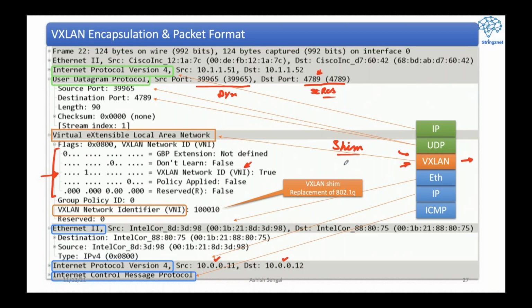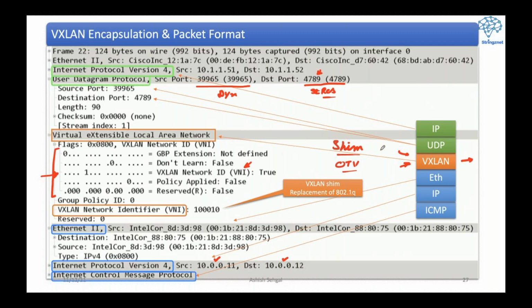Shim is the terminology Cisco used in OTV, because OTV also adds a shim header. Shim is nothing but a washer to join two different pieces together strongly. You will see soon how this piece is joining two different components strongly together.